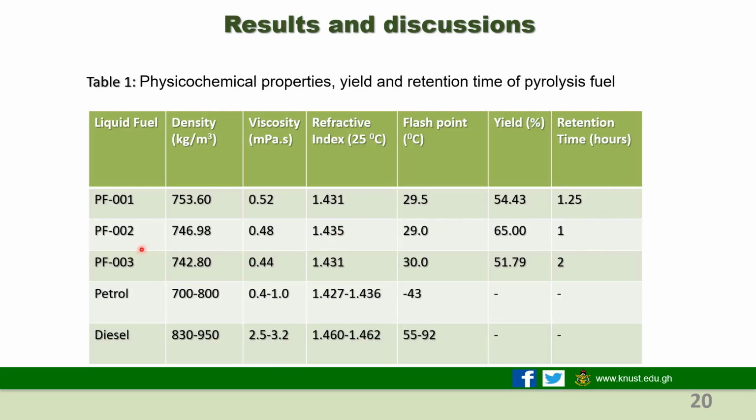The pyrolysis process without a catalyst gave a liquid fuel yield of 51.79% at a longer retention time of 2 hours. And this indicates that the synthesized catalyst indeed improved the desired liquid fuel yield at lower retention times.